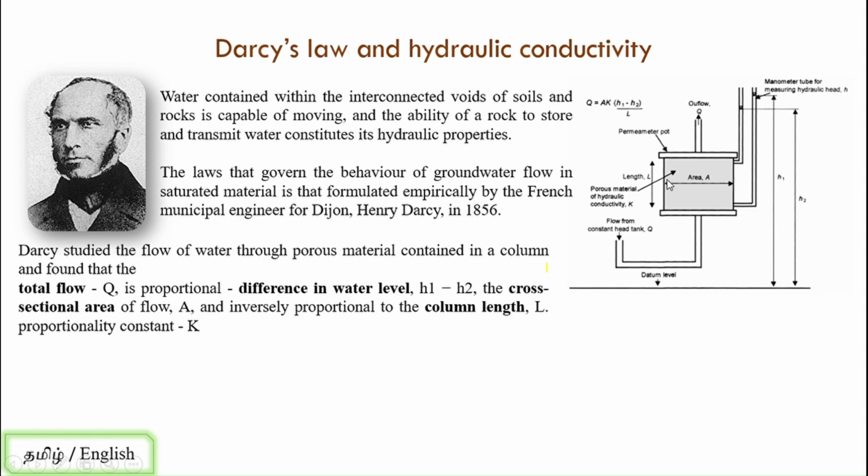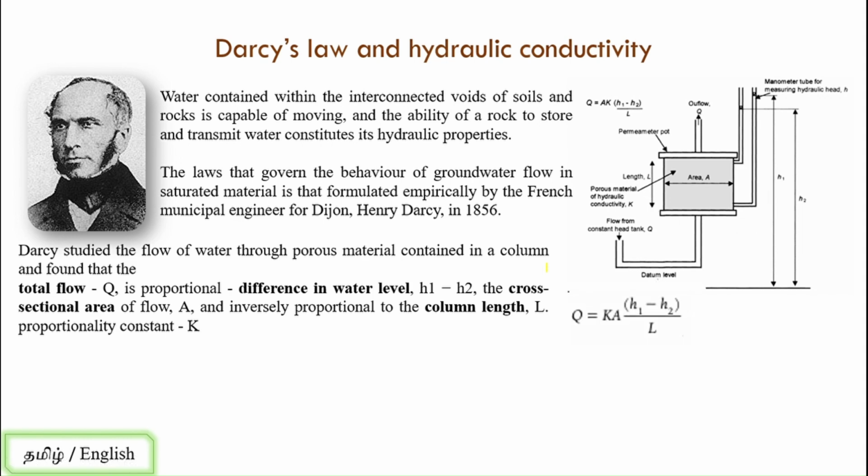And if the area is higher, that is, if it is quite bigger than this, then the outflow will be higher, right? So this is proportional to the total flow, and it is inversely proportional to the column length. So this is the column length L. If you have a higher column length, then the flow will be comparatively less or slower. You can keep it that way. So this is Darcy's explanation about hydraulic conductivity, or simply the movement of water from one portion to another through a porous medium.